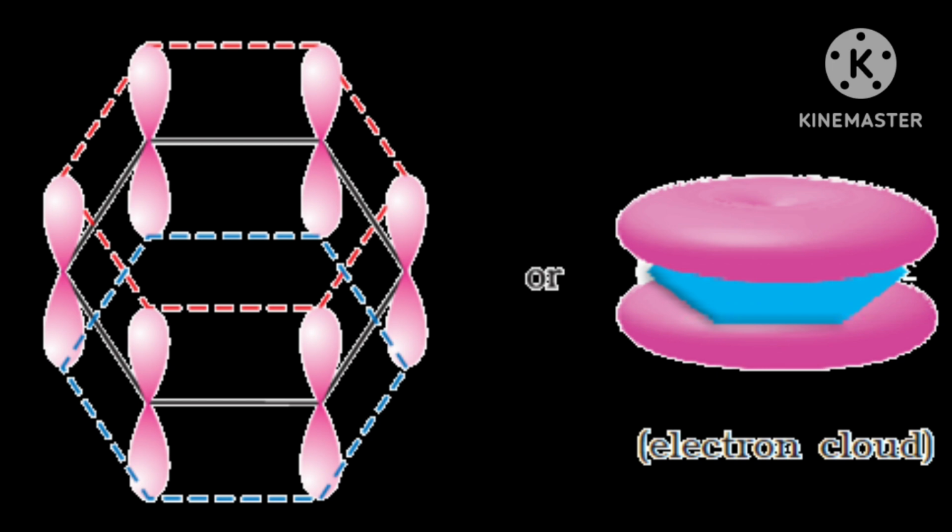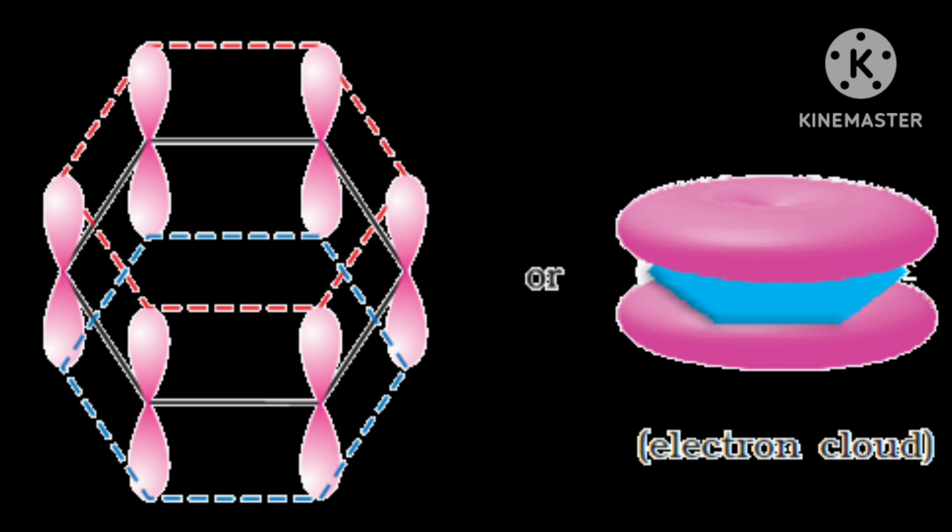It is moving, he told, but it will make a resonating structure. He didn't tell about the resonating structure. At that time, the pi bond was localized in his case. In the two Kekulé structures, the pi bond was localized between the double bond. But now in the resonating structure it is moving.